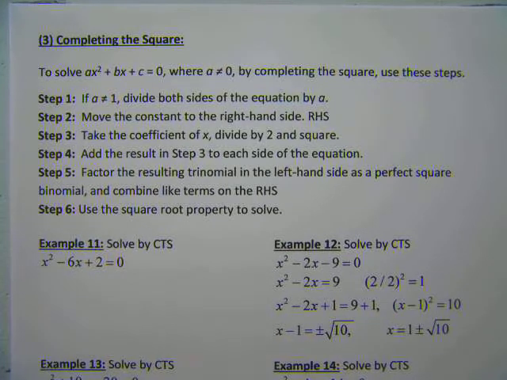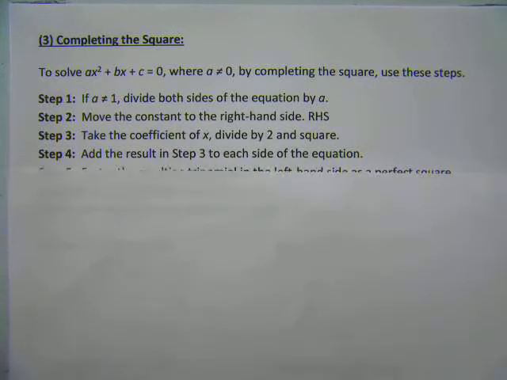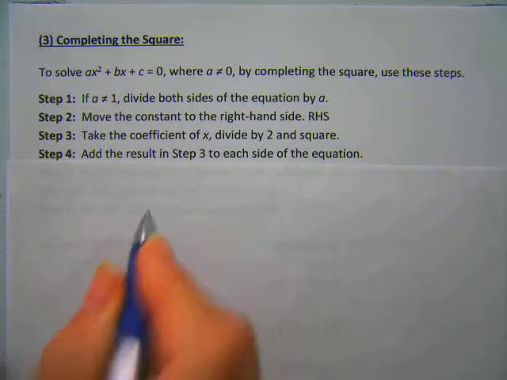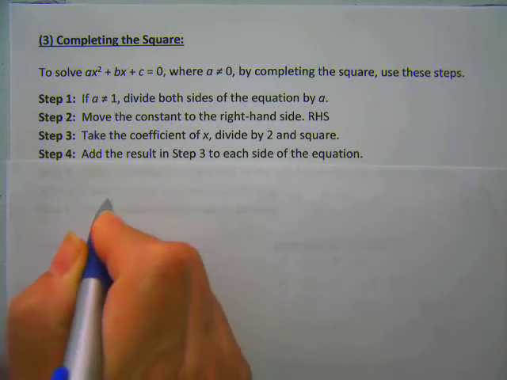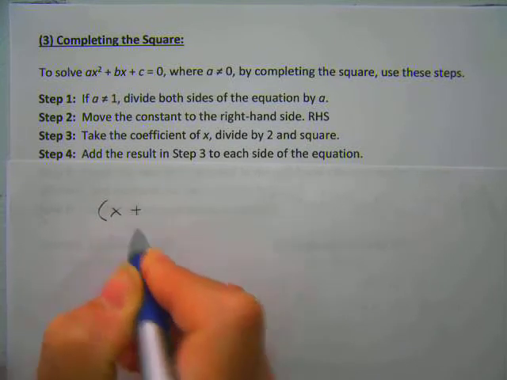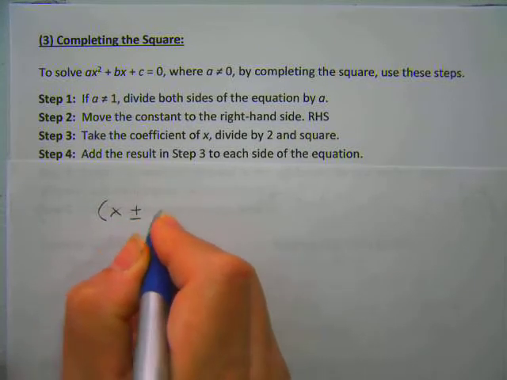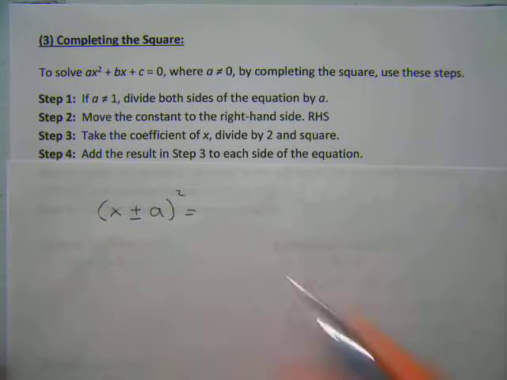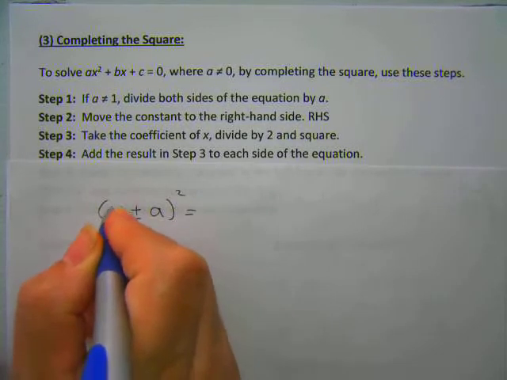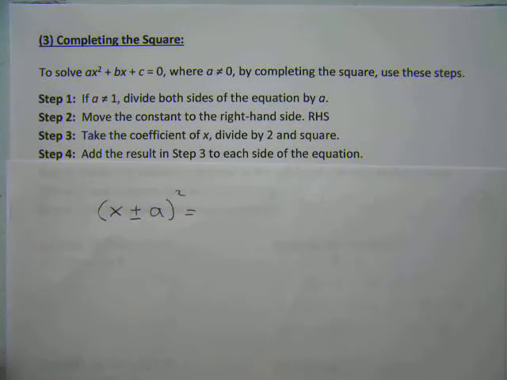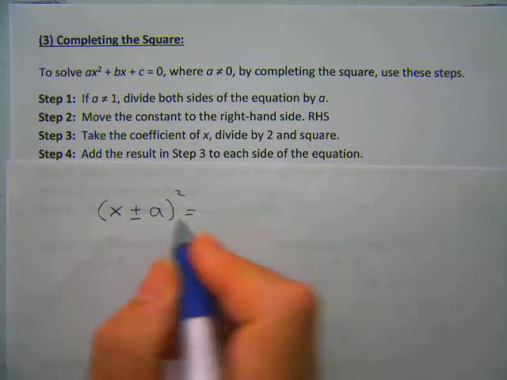So before we do the examples, I want to explain in this scratch paper what is going on. If you remember that if we have x plus or minus a, squared, so squaring a binomial, and I hope you memorized it from previous classes, or if not, remember it now.